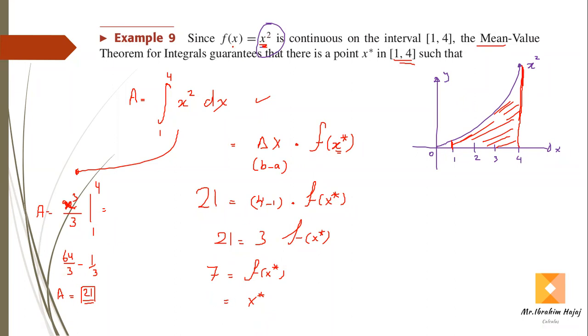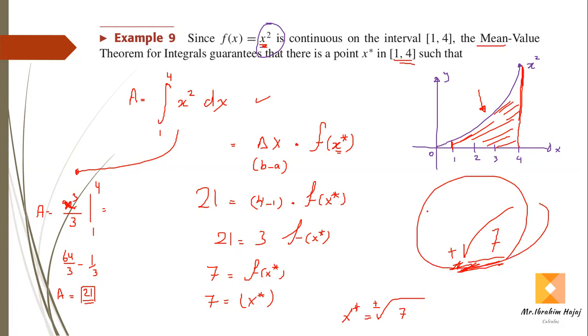Because f of x star is x squared, and this all should be 7, so we take the square root, which gives radical 7. So x star is only what? Radical 7. It could be positive or negative radical 7, but since our branch is between 1 and 4, we take only the positive radical 7, because we are in the positive part of the x axis. So your answer, x star, is radical 7.